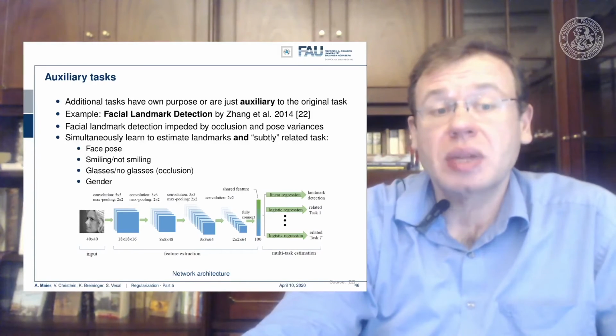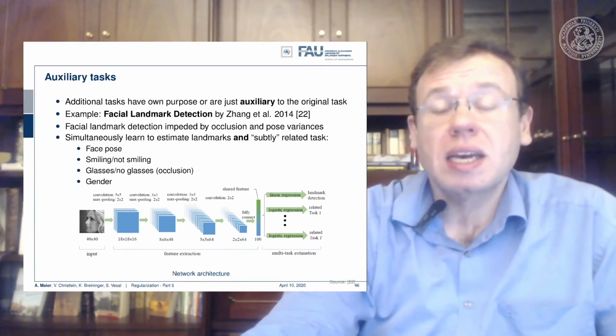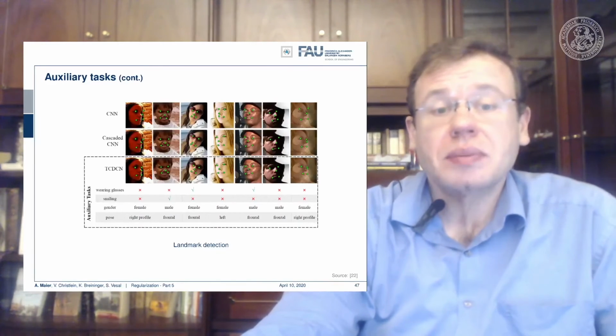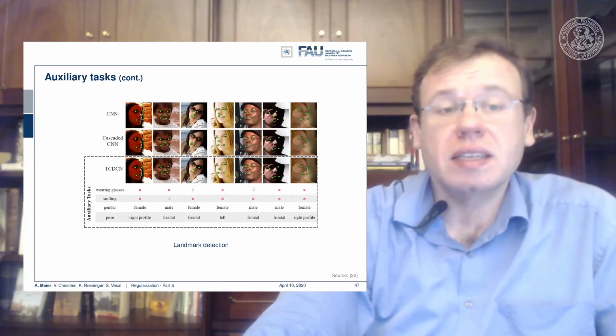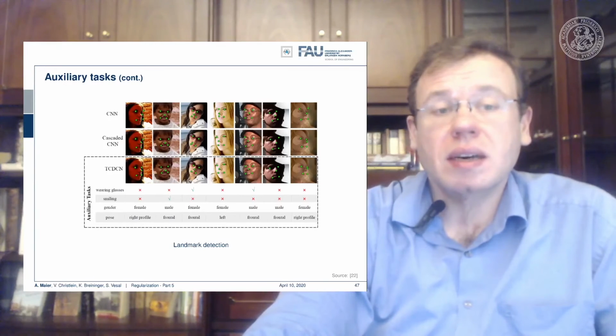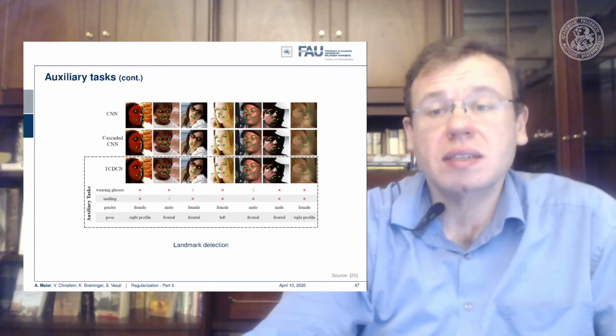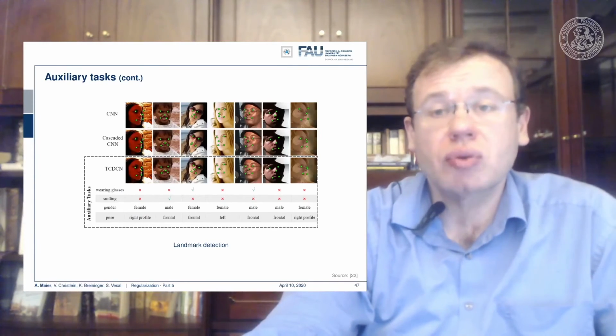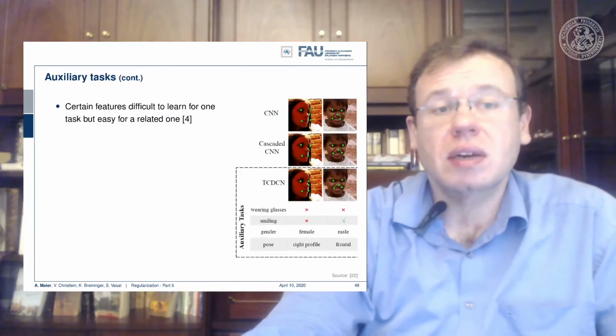They had this information available. Then you can set this up in a multitask learning framework, as you see here in the network architecture. In the results, you see the auxiliary tasks, but they're actually interested in the facial landmarks. They compare this to a cascaded CNN and their multitask network with the auxiliary tasks. And they can show that the landmark detection is improved by the introduction of these auxiliary tasks.